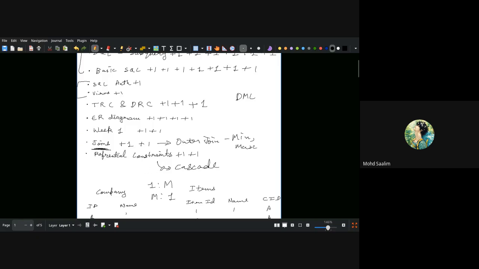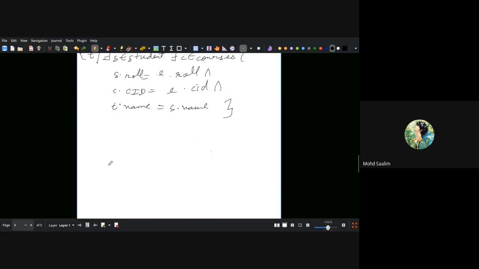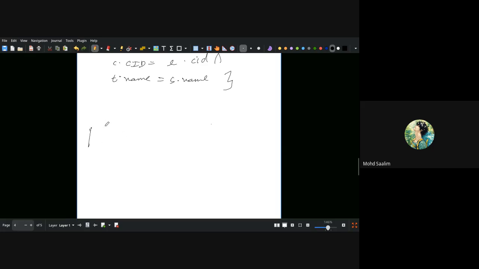Referential integrity constraints, I assume you already know what happens if we have referential integrity between two different tables. If we have a student here, if we have courses here, let's say we have roll number, and here let's say we have CID and also roll number. Let's say it is a one-to-many relationship.